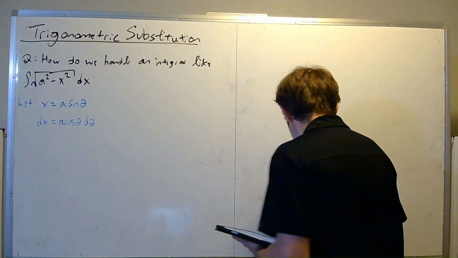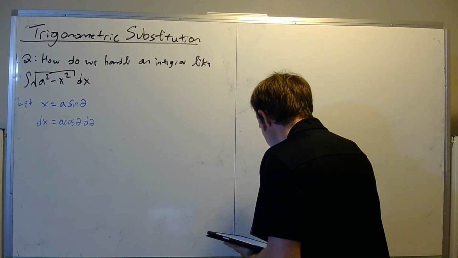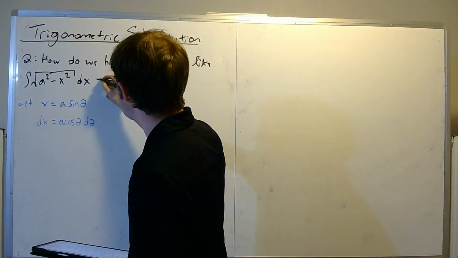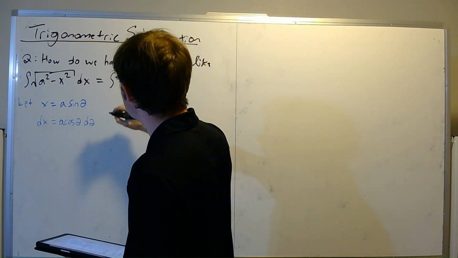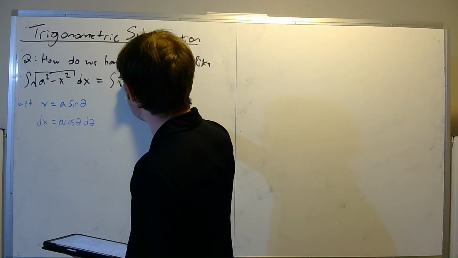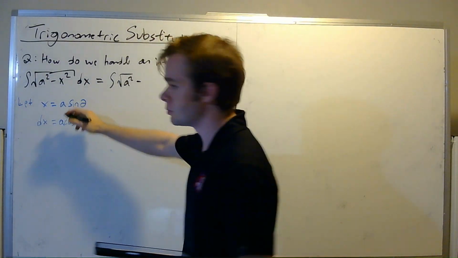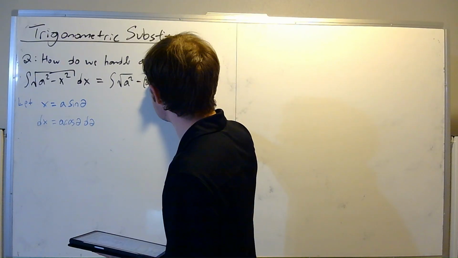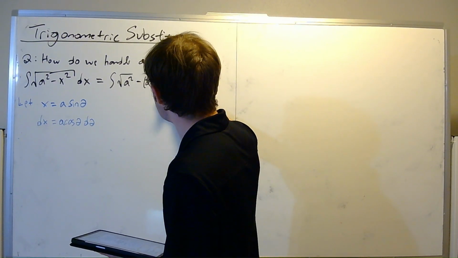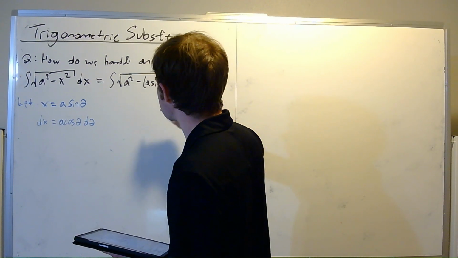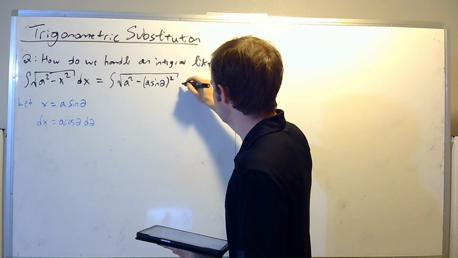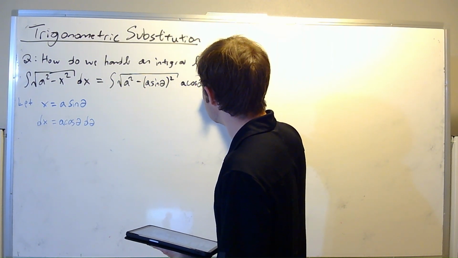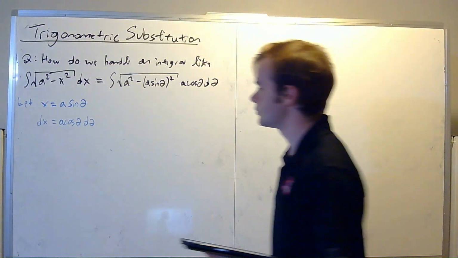Okay, so if we just directly substitute in what we've written there, then we can say that this is equal to the integral of the square root of a squared minus, well, we plug in x, so x was a sine theta, squared, and then dx, we said we replace that with a cosine theta d theta.